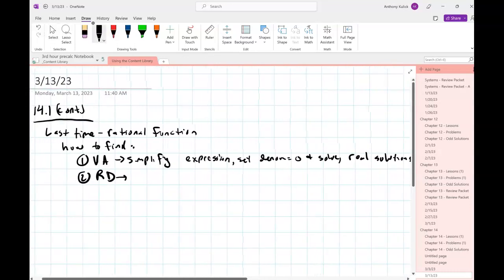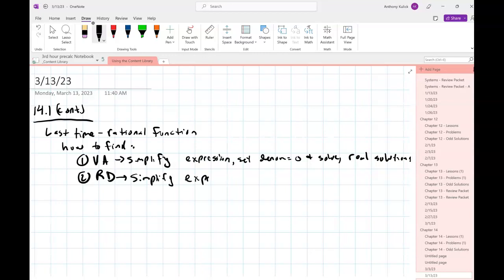Okay, how about for the removable discontinuities? We start the same way. And what do we do here? It's not the same thing, but it's close. It's because we're not setting the numerator equal to 0, we're setting the denominator.